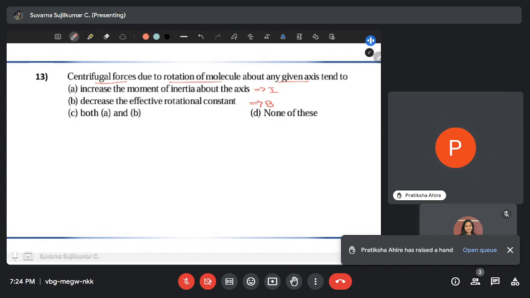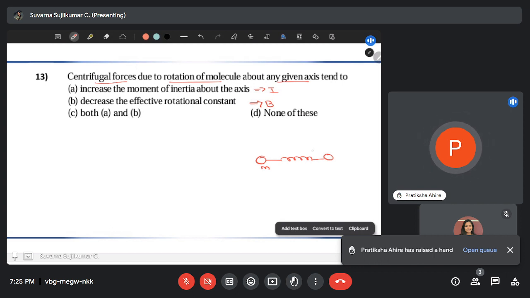So we just discussed the centrifugal force. When the molecule is rotating, consider the molecule in the non-rigid approximation. We consider the atoms are bound by a spring-like motion, so the bond length can change.